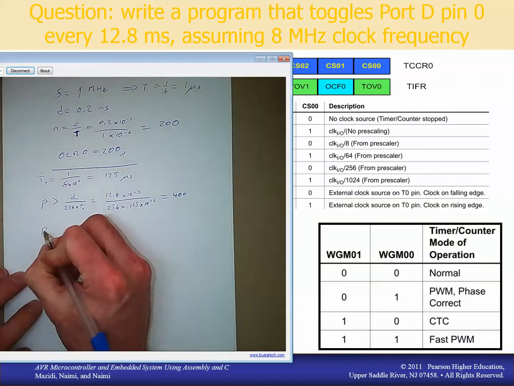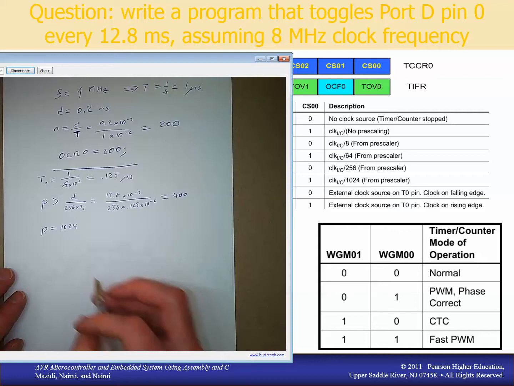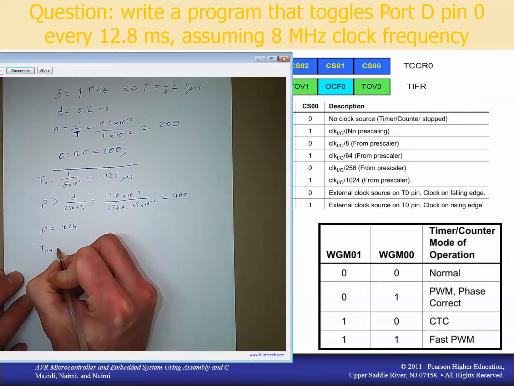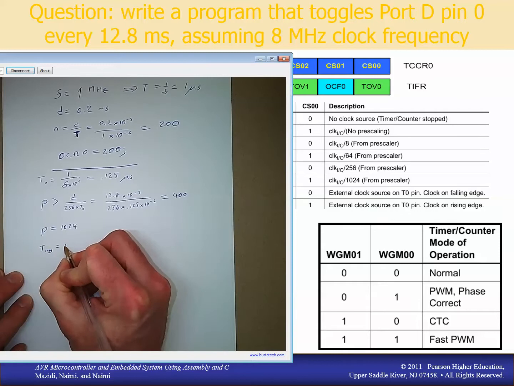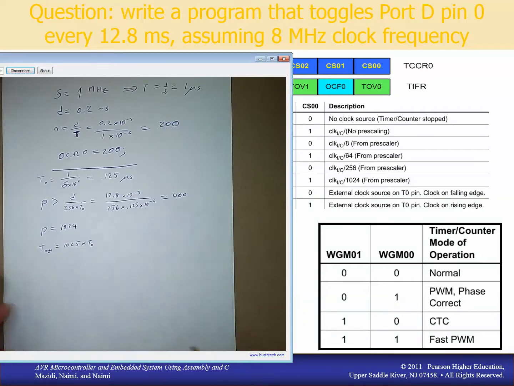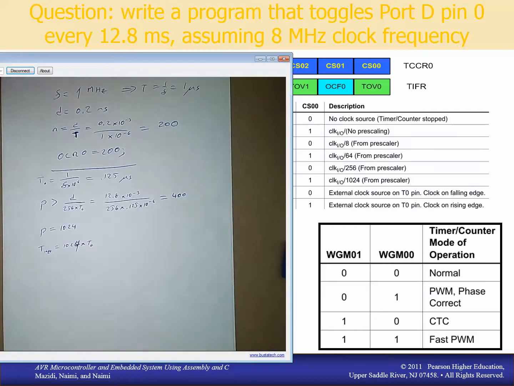So prescaler equals 1024. And now our new period, T1024 we'll call it, is equal to 1024 times T0, which is 128 microseconds.